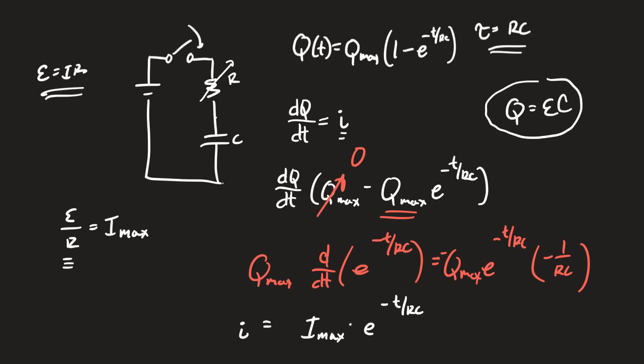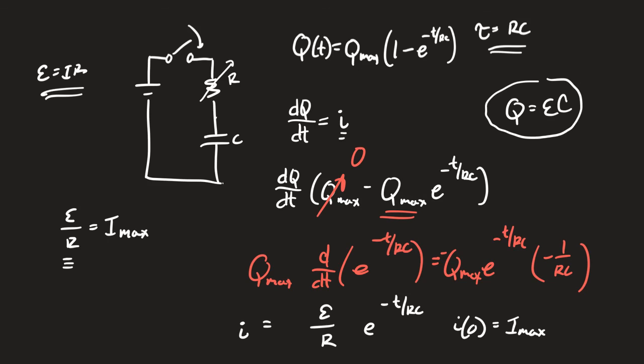So, if I go back to the way this looked a moment ago, what this tells me is that at time 0, I get a maximum current that is equivalent to as if there was no capacitor at all, which means the current is fully regulated by the resistor.